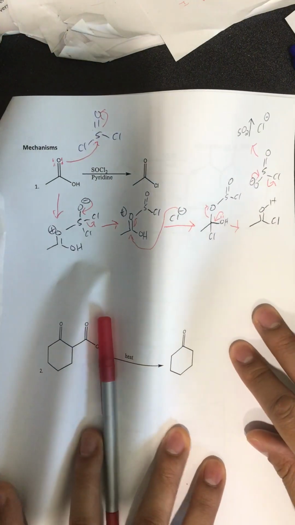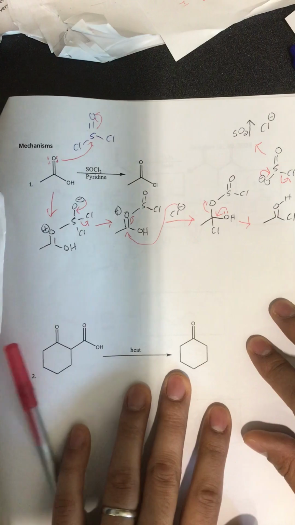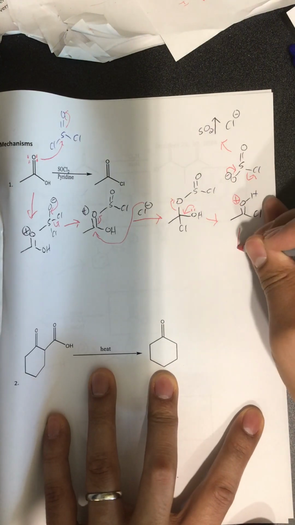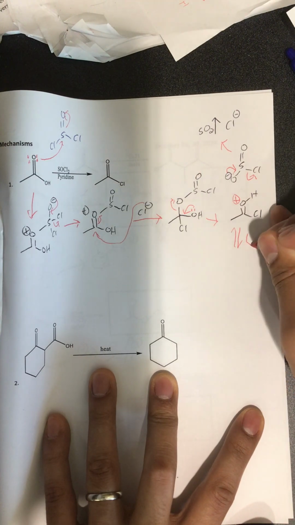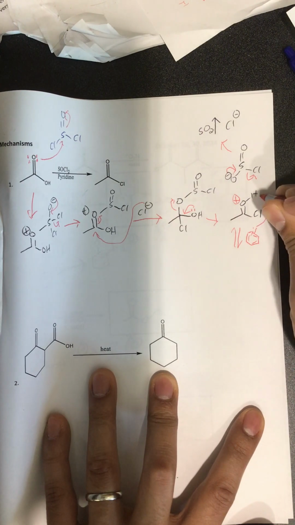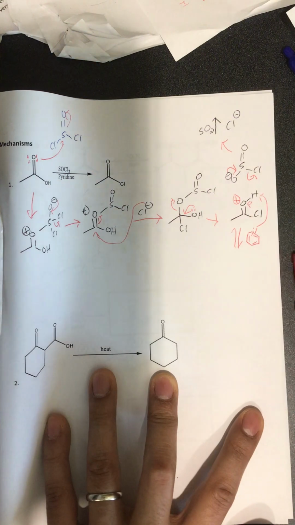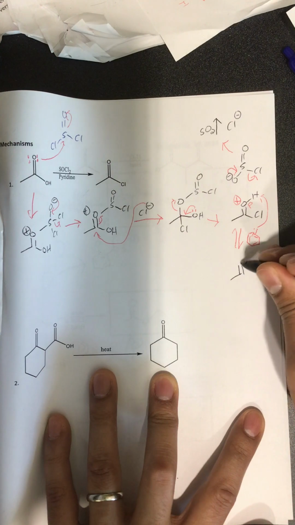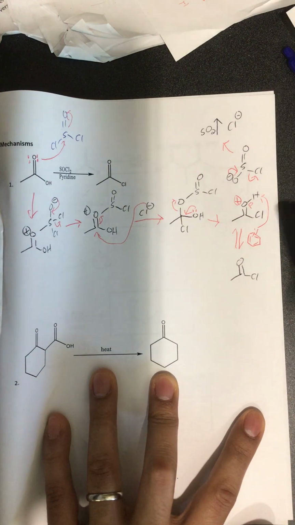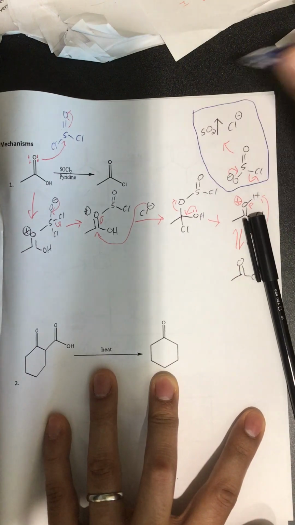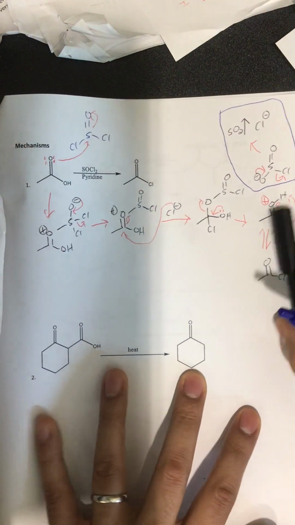Oops, sorry, you can't see all that. SO2 leaves the system. And then of course we have this positive charge here, and we will have our pyridine lone pair come in and take this to make our final product. This gas formation is what drives this reaction. So you need to have that gas formation.